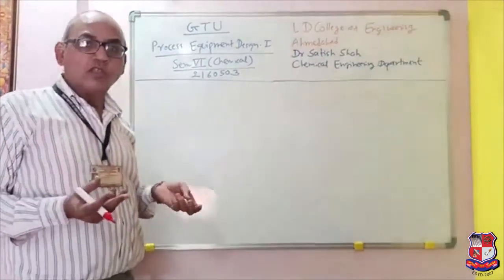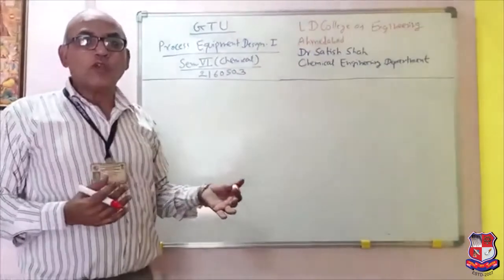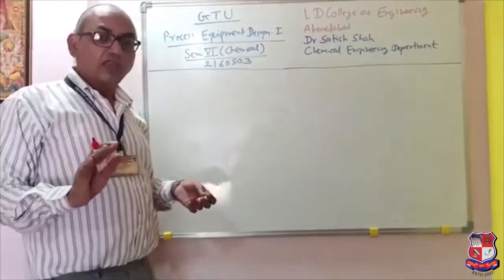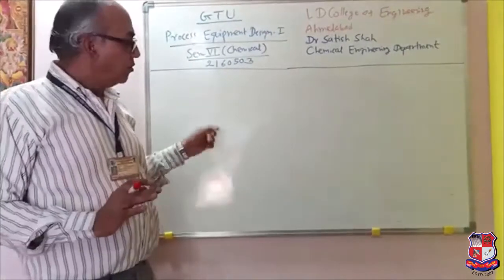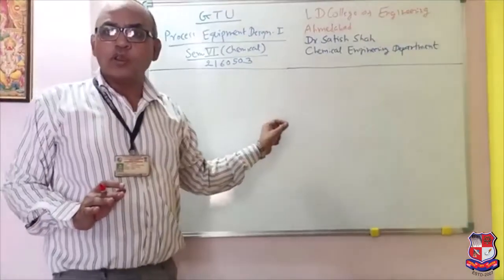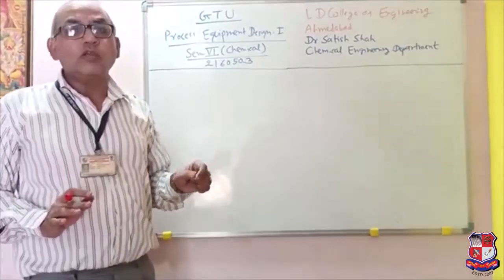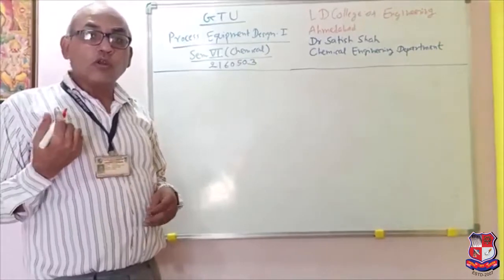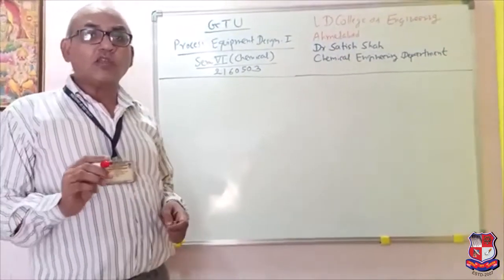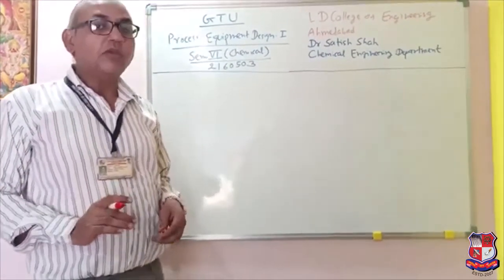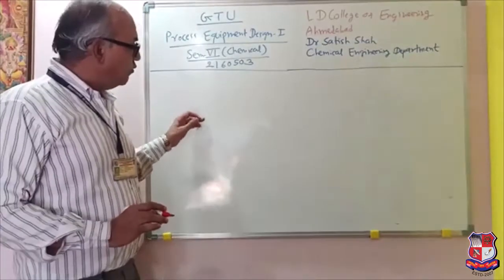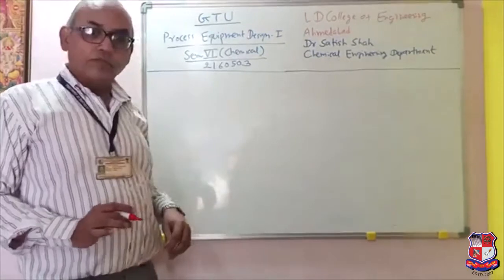Somebody will ask whether 1.45 meter per second will do or not. As far as the thumb rule is concerned, if you keep between 1.5 to 2.5 meters per second, your pressure drop will come within limit only. So even though you are not calculating pressure drop, you can say that it will be OK only. But still, we have to calculate everything.